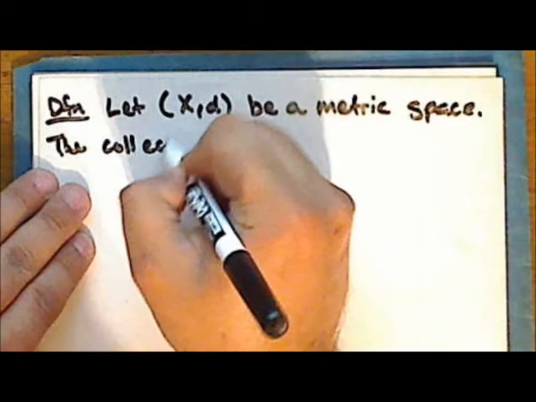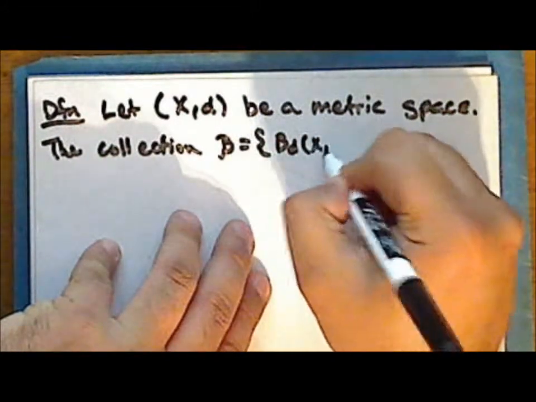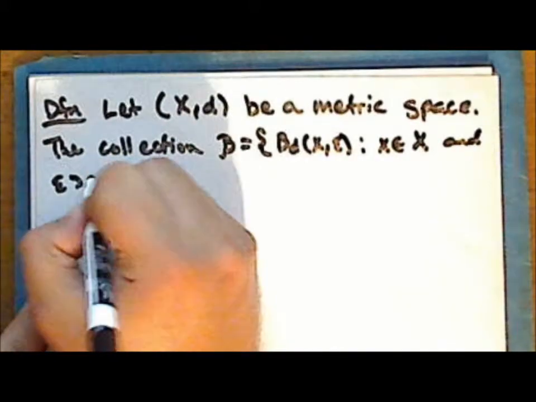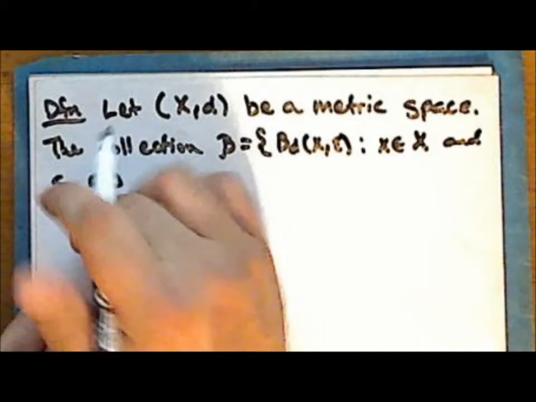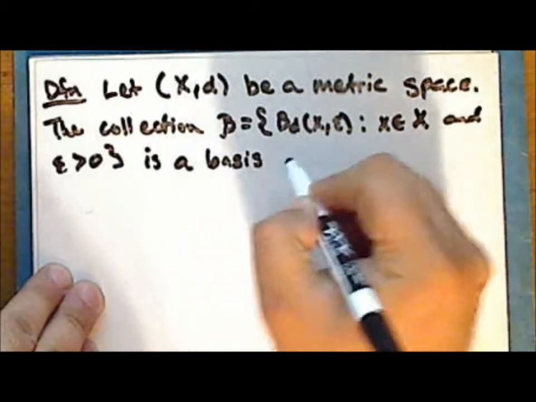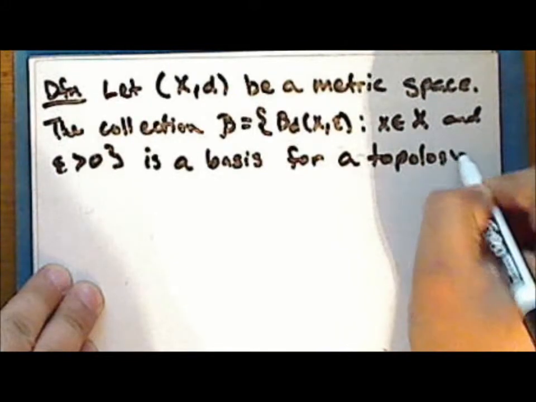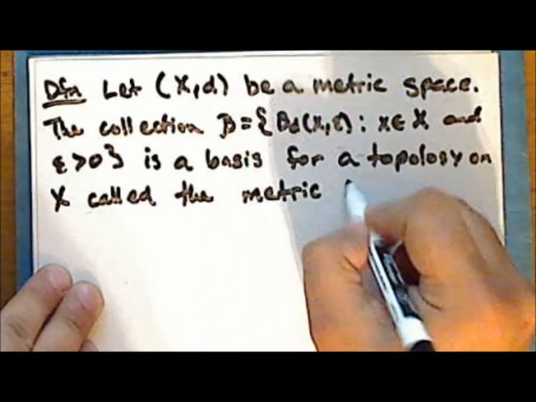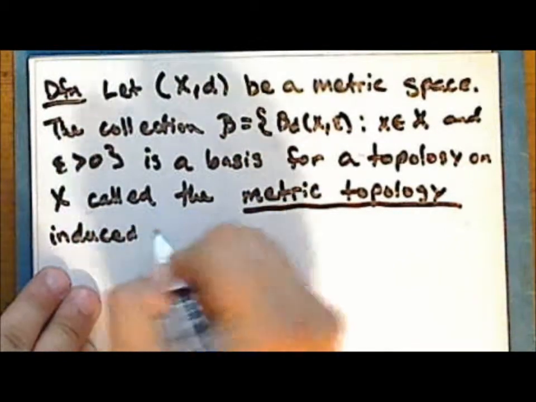The collection script B consisting of epsilon balls, such that the point X is in the set X, and epsilon is some given non-zero positive number, is a basis for a topology on the set X called the metric topology induced by the metric D.